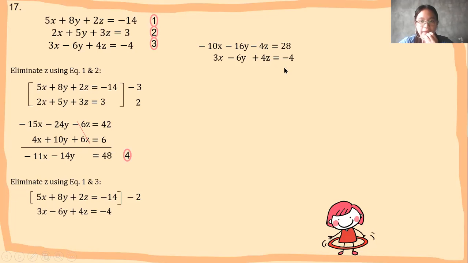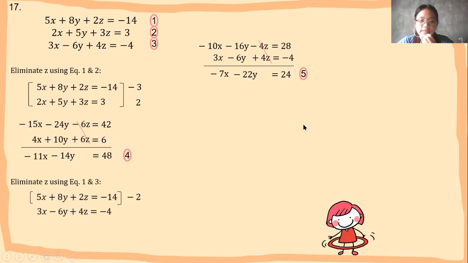So if we add them, we can eliminate, or it equals 0. Then let's cancel. Then add negative 10x plus 3x is equal to negative 7x. Negative 16y plus negative 6y is equal to negative 22y is equal to 24. So this will be our equation number 5.